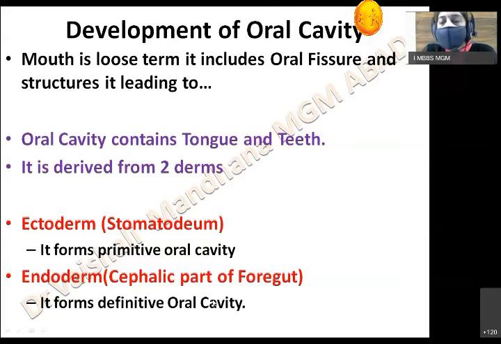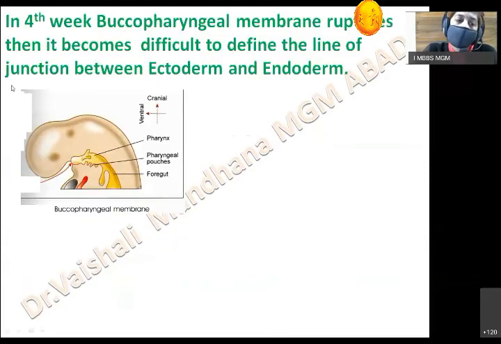Okay. So remember, if you remember this figure, this is the one bulge that is formed because of the developing brain, and the another bulge because of the developing heart, pericardial bulge. In between there is the gap. This is called as the stomatodium, and this is the cephalic part of the foregut.